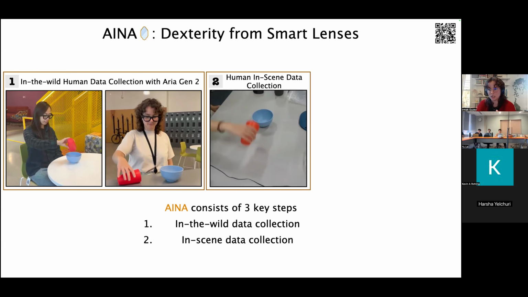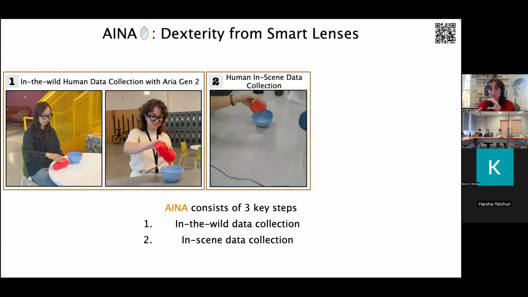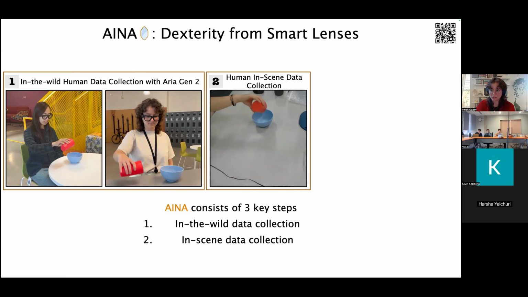In order to have a similar distribution between the training and the deployment environment, we would need to somehow shift the points that we collected in the wild to the robot's scene. So this demonstration is used to properly extract that information.